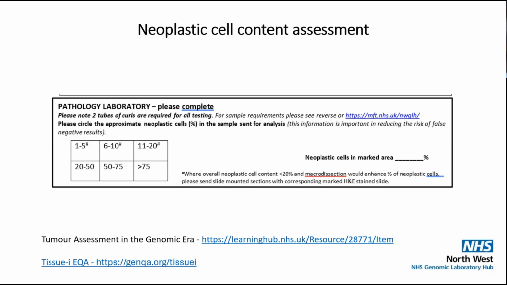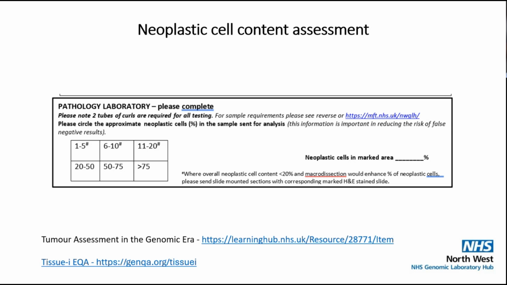So I've talked a little bit about the importance of neoplastic cell content assessment and how it impacts the tests we use, and understanding our limit of detection, and whether when we don't see something, whether it's truly that it's not there or it's just at too low a level to detect. You'll notice on our forms, we ask for a little bit more detail than just is it above or below 20% neoplastic cell content.